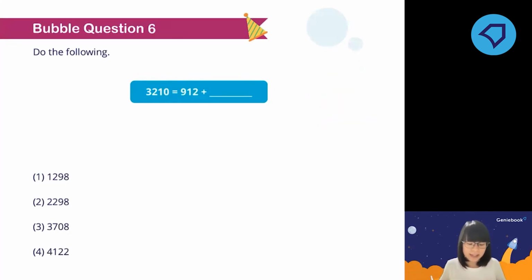So let's take a look at this one over here. It's actually the same kind of question, but I just rearranged the way I present the question. So now it is 3,210 is equal to 912 plus something. For this case, do you still do addition or do you need to do subtraction? What do you guys think?